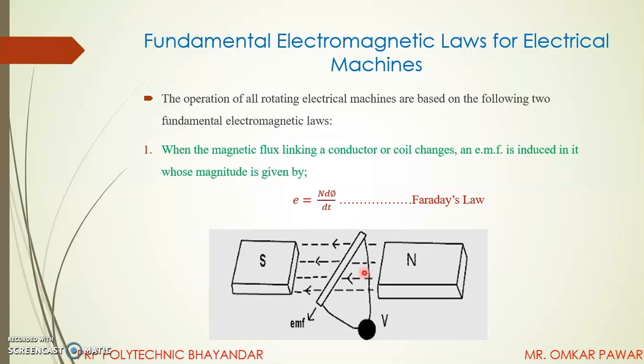So basically it states that there is a relative motion between the magnetic field and conductor. If this condition is fulfilled, there is an EMF, that is voltage, induced in this conductor. So this is a basic law, a fundamental law of generation.